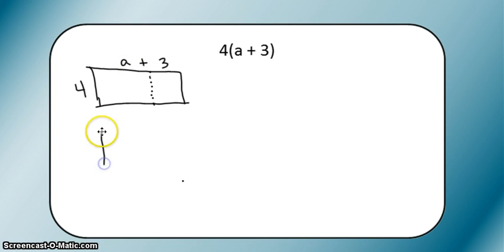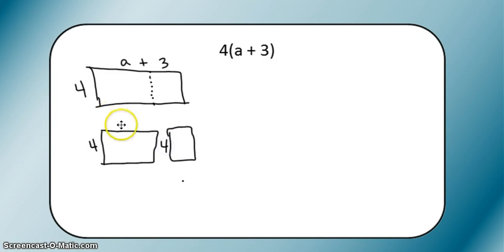So we can split the box apart into 2 parts, where this is 4, this is still 4, A, and 3. If we're figuring out the area, this would be 4 times A, and this would be 4 times 3, which is 12. So we end up with 4A plus 12. That's all we're doing here, just breaking this apart.